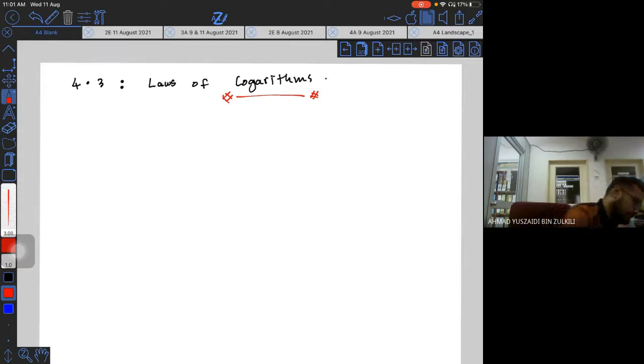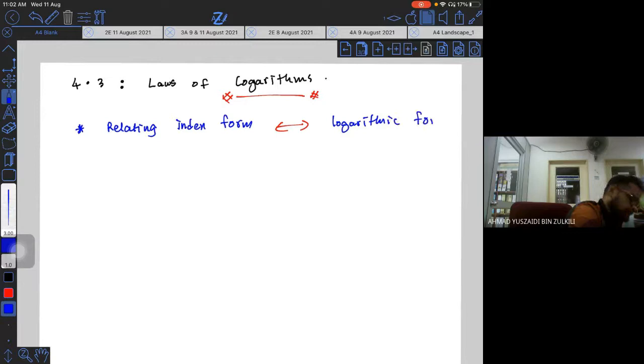Okay, first today, you want to learn on relating index form with logarithm form. Okay, logarithmic. So we can change index into log, and we can change log into index. Okay, they have a relation. First and foremost, remember index: A to the power of x is equal to n.